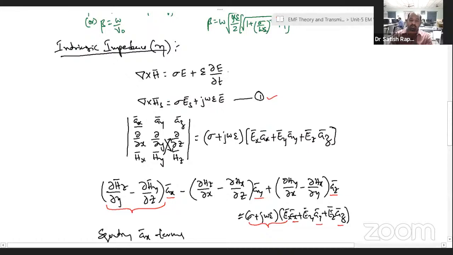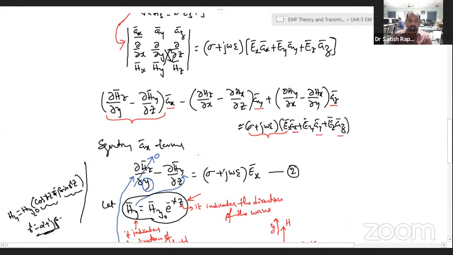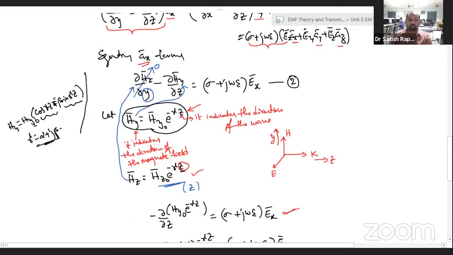Taking this equation, which is one of Maxwell's equations, and expanding like this, equating the ax term on both sides, we'll get equation 2.